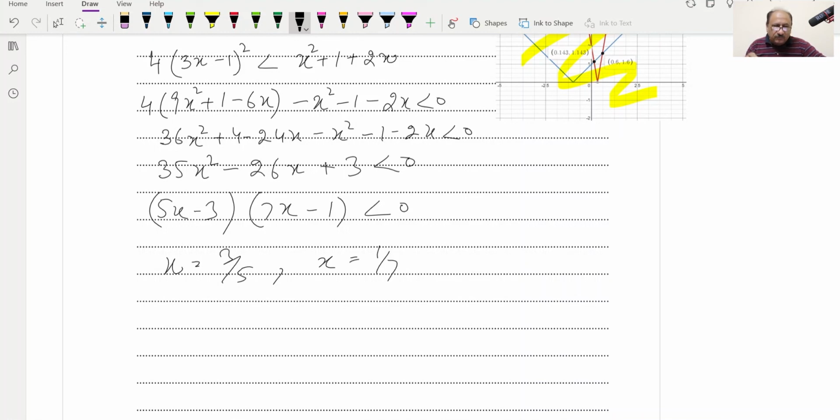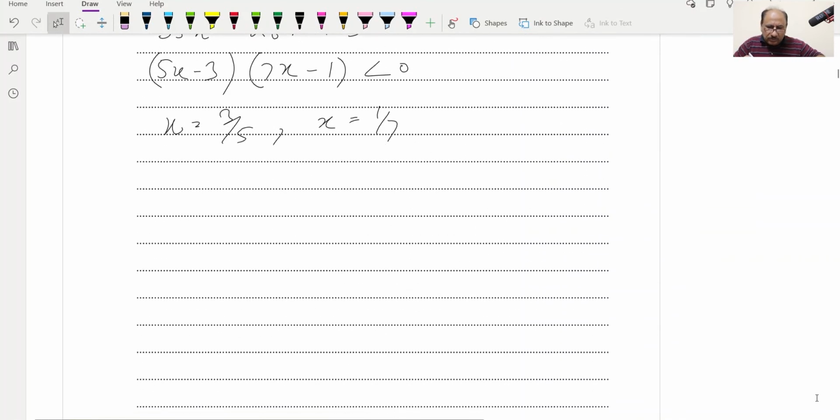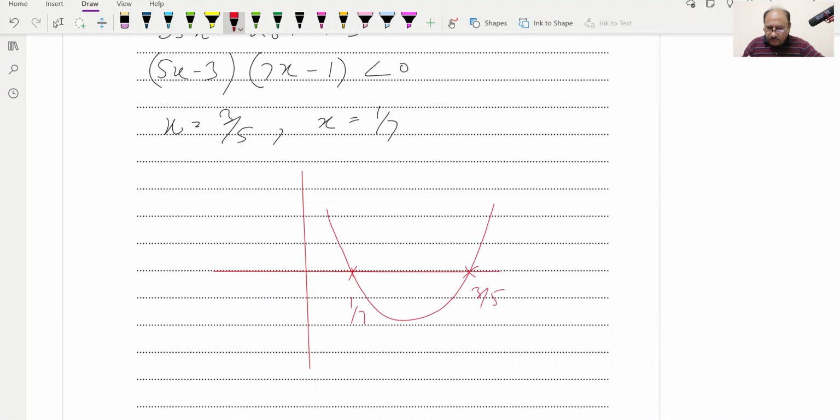So for these values we can check the quadratic graph, and we can quickly draw this one. Like 1 over 7 we can take over here, and the second value we can take over here, this will be 3 by 5.